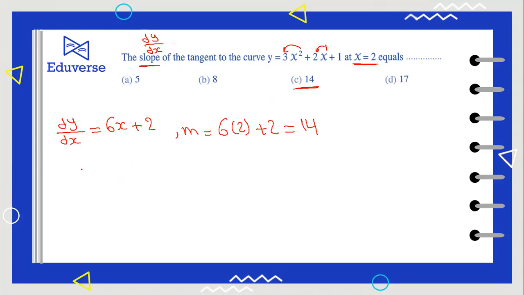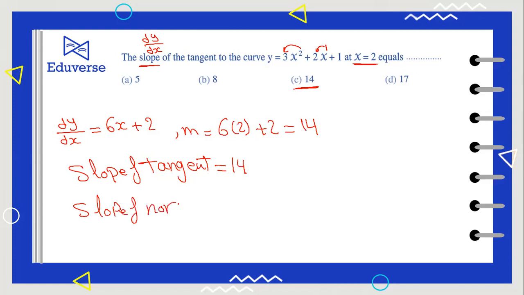Okay, that's the slope of the tangent. Here he didn't ask for the slope of the normal, but if I wanted to find it, what can I do? Remember, the normal is perpendicular to the tangent.